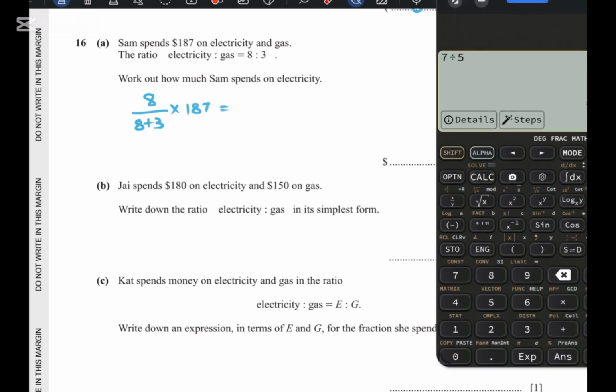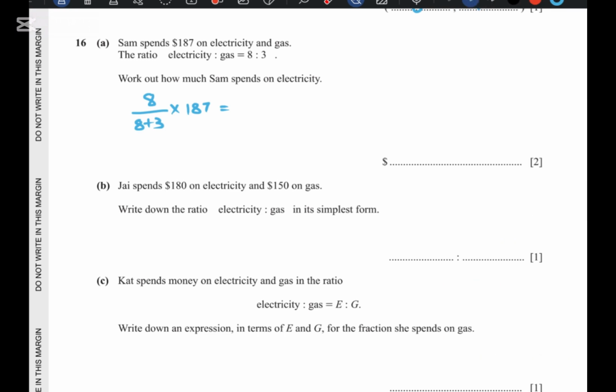Find out. 8 by 8 plus 3, you can even type 11 here, into 187. $136 he spent on electricity. So this is the answer.